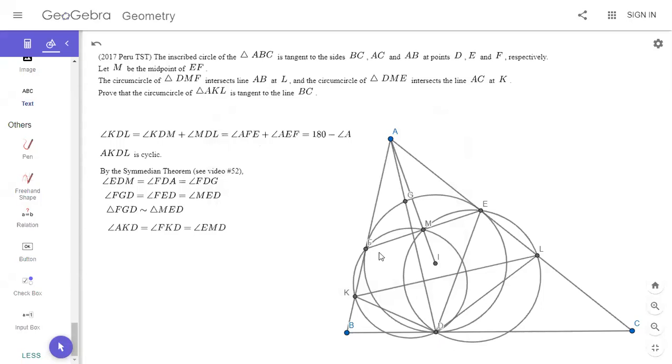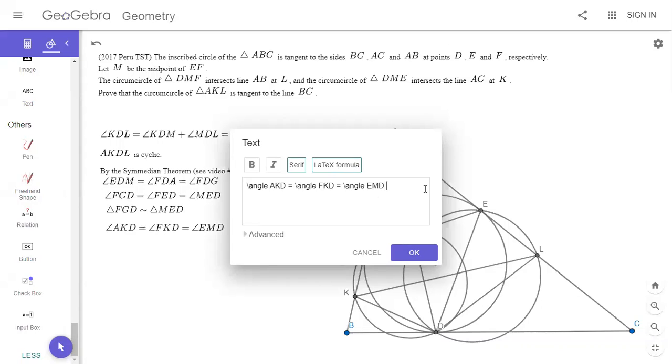So AKD is FKD is EMD, which from up here, EMD is equal to GDC, or is equal to GFD.